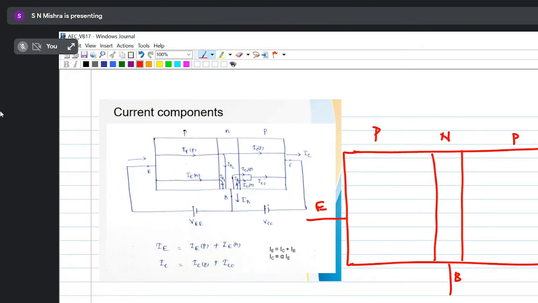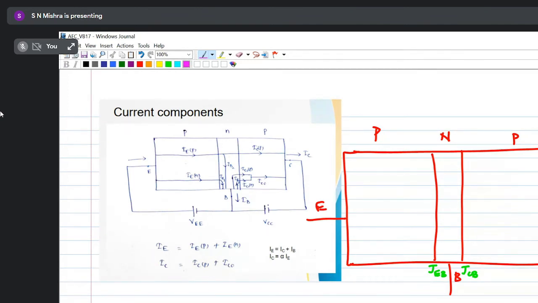Doping is according to the discussion. Now, this is the emitter base junction, J_EB, and this is the collector base junction, that is J_CB. Until I bias these diodes, current will not flow.